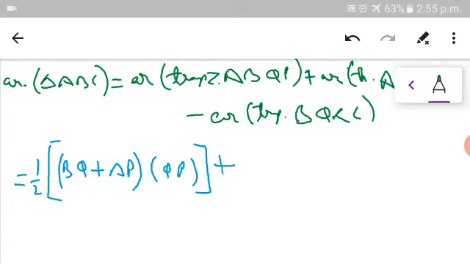Then the area of the second trapezium APRC is 1 by 2 the sum of parallel sides AP plus CR, multiplied by the height, that is PR.